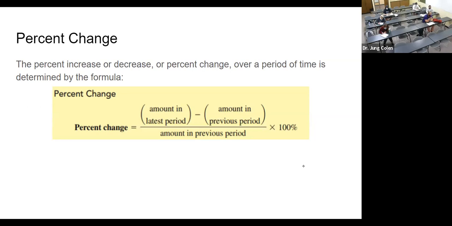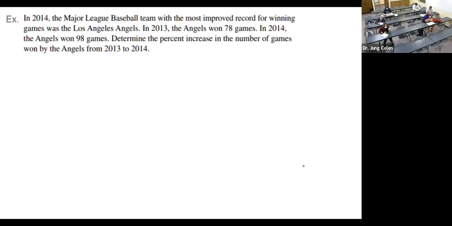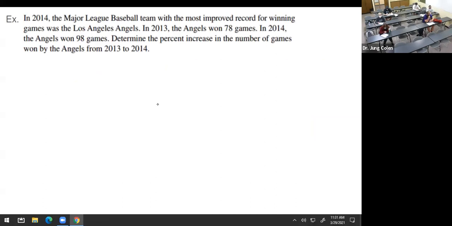Got that? Okay. So let's take a look at this example. In 2014, the Major League Baseball team with the most improved record for winning games was the Los Angeles Angels. In 2013, the Angels won 78 games. In 2014, the Angels won 98 games.